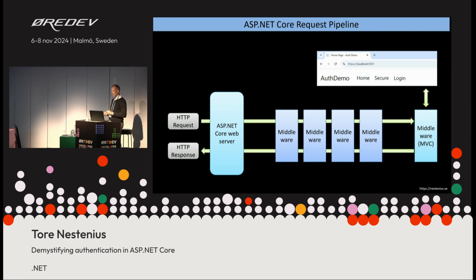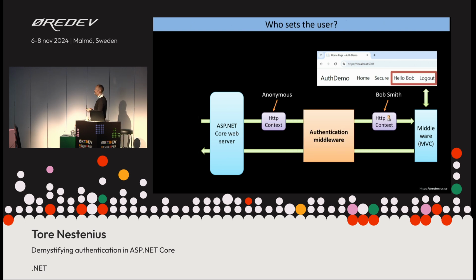So in this request pipeline, we have an authentication middleware that we can add to this pipeline. Its job is to look at the incoming request, the incoming HTTP context, and try to figure out who is the user.